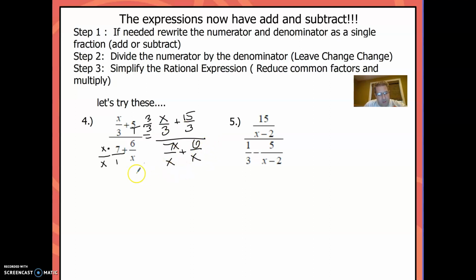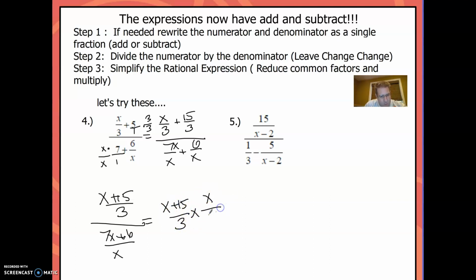Now I can simplify this again by adding things that are together. So x plus 15 over 3 over 7x plus 6 over x. All right, so now from here, I don't see any common factors on top and bottom, so I'm going to change this to leave, change, change. So x plus 15 over 3 times x over 7x plus 6.